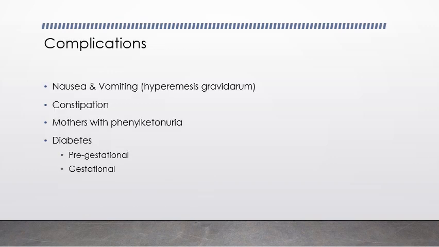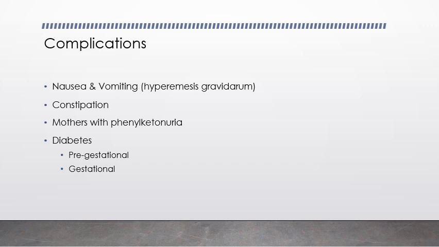So some of these complications, nausea and vomiting, we've talked a lot about. Constipation, we talked about earlier in this lecture. Mothers with phenylketonuria: phenylketonuria is a metabolism disorder, and they're unable to metabolize phenylalanine. When that happens, there's a buildup of phenylalanine, and it can cause some devastating results.